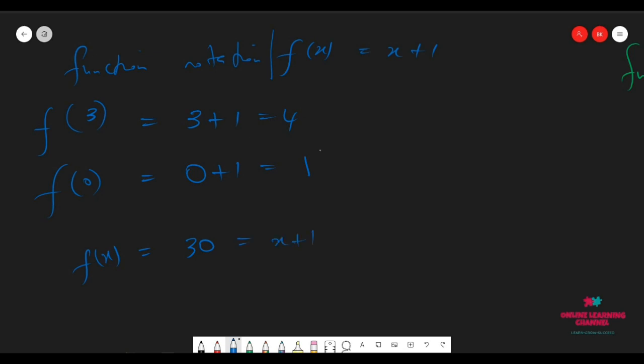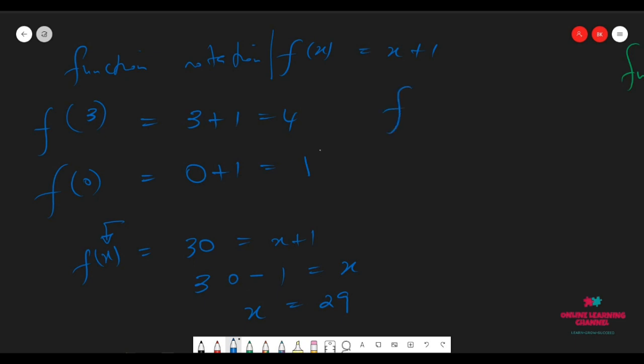Solving for x, we'll just transpose 1, so it will be 30 minus 1 equals x, and then we end up with x being 29. So that means if we were looking for the variable x that we were supposed to plug in here to get 30, it would be 29.